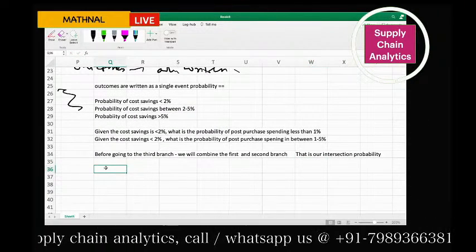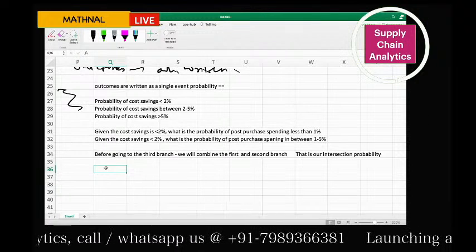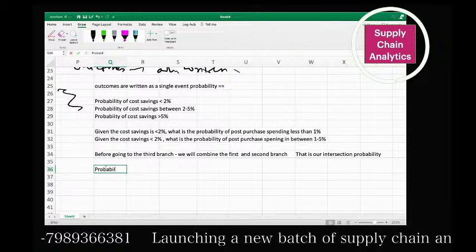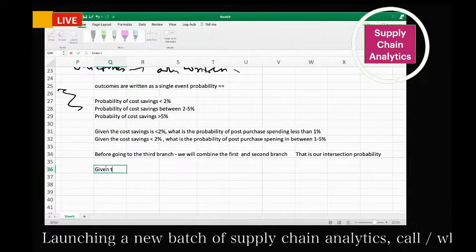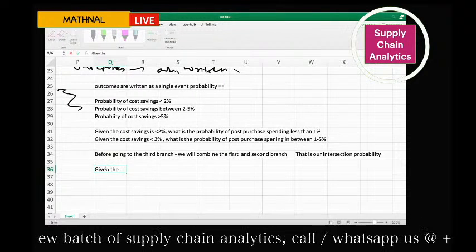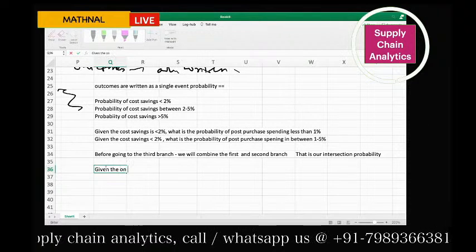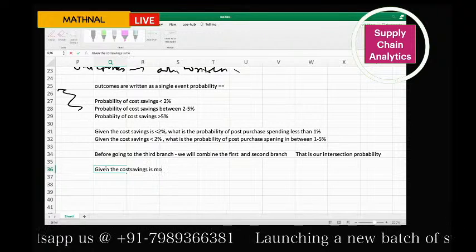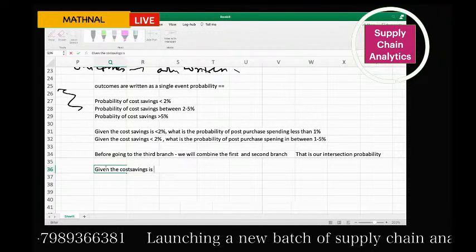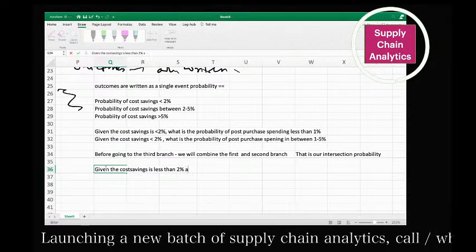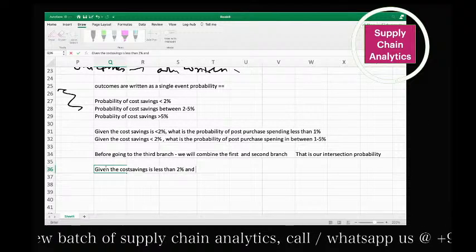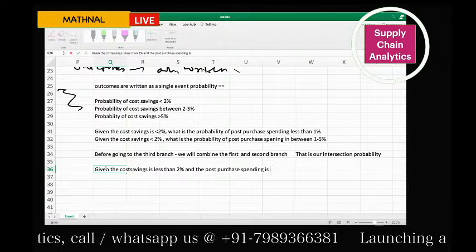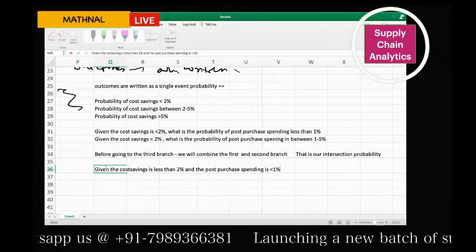And so the third branch will have the conditional probability, given the on time cost savings is less than 2% and the post purchase spending is less than 1%.